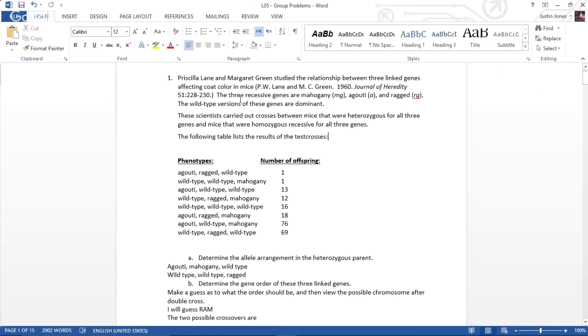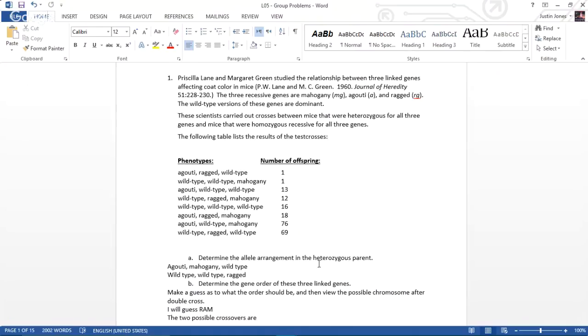So on this first question, Margaret Green's doing the study. That's very nice. She gets all of these different phenotypes in the generation. So the first question that we have here is determine the allele arrangement in the heterozygous parent.